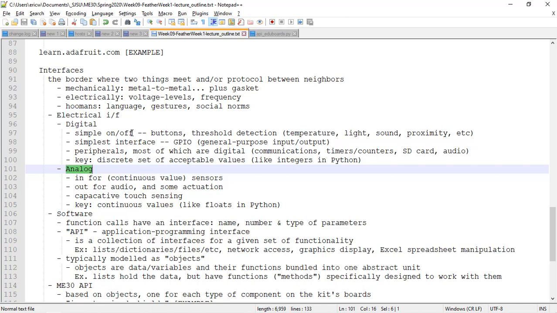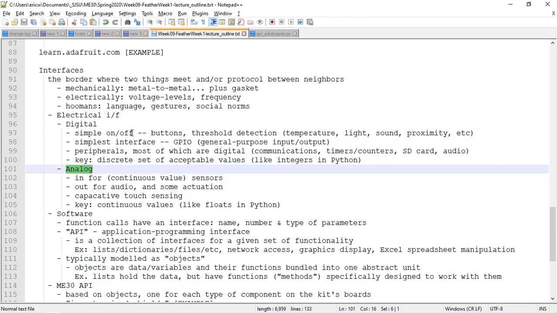That would be different from a generic temperature sensor, which tells you the temperature along some sort of continuum. A threshold would be just tell me when it gets above 101 degrees, because it's basically a fever sensor. That would be a digital type of sensor because it either is or it isn't in some condition.